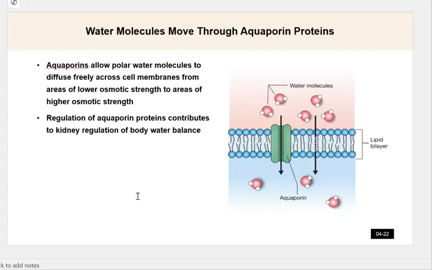This is important for the regulation of aquaporin proteins that contribute to the kidney regulation of our body water balance. So when we talk about renal issues, we'll hear again about the aquaporin and how that transport comes into play with our kidneys' ability to regulate our body fluid, how it's going to keep fluid or get rid of fluid.